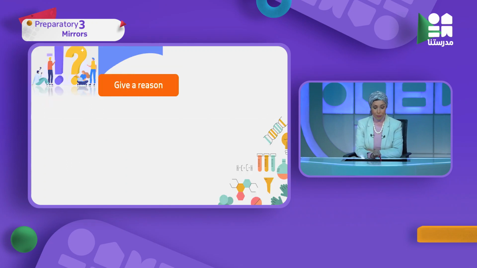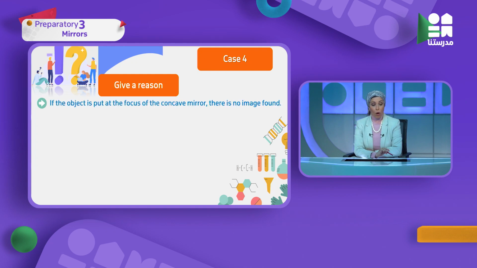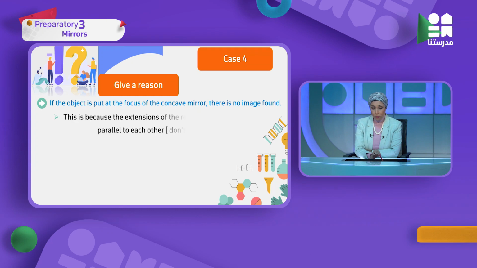Here I have a very important case that I mentioned. It asks to give a reason: if the object is put on the focus F, there is no image formed. Why this point in particular? I don't see any image at all. Let's see why.